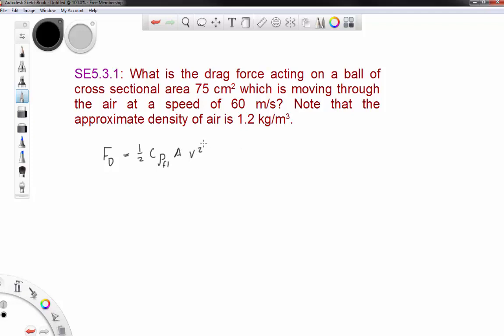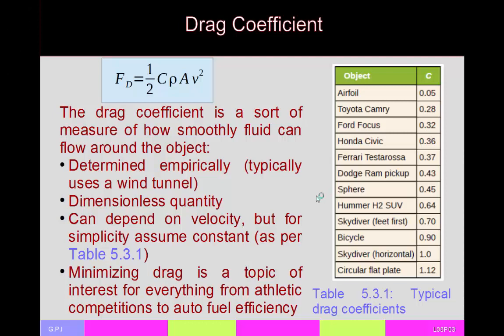So the thing that we need to get is this value of the drag coefficient. So to do that, we might return to this table in our notes or in the OpenStax textbook. Since it's a ball, it probably means that the object is a sphere. So that means that the drag coefficient has a value of about 0.45.